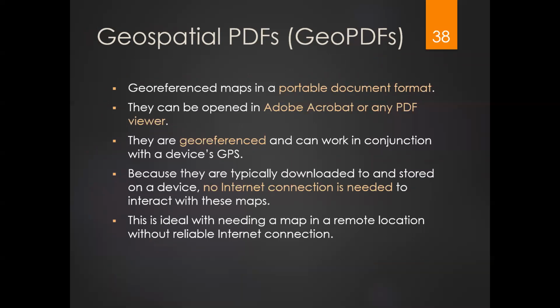PDF is intellectual property of Adobe, right? So they can be opened in Adobe Acrobat or any PDF viewer. Okay, so they are georeferenced and can work in conjunction with a device GPS.